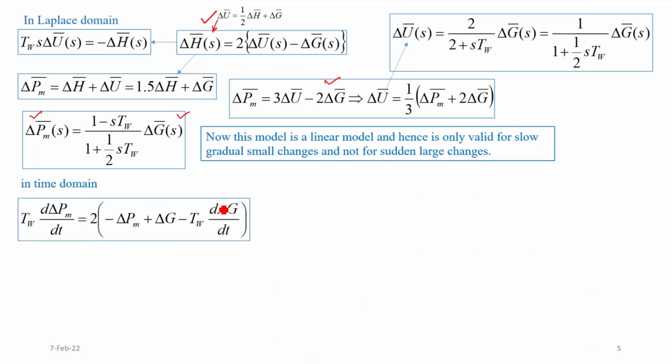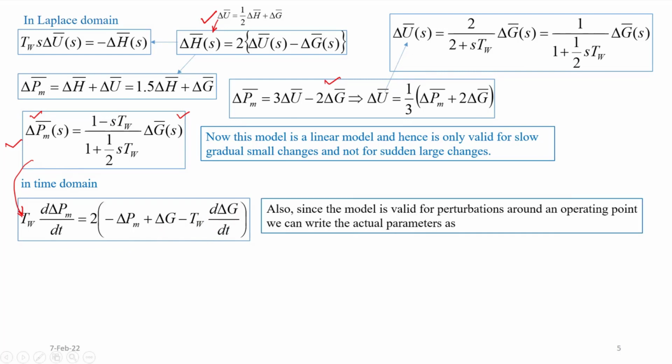So in time domain, I can write this equation particularly. This is a transfer function model, and I will convert it to time domain, so it will become TW d by dt of delta PM is equal to twice of minus delta PM plus delta G minus TW d by dt of delta G. Also, since the model is valid for perturbations around an operating point, we can write the actual parameters as this.